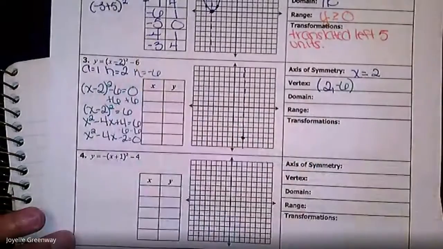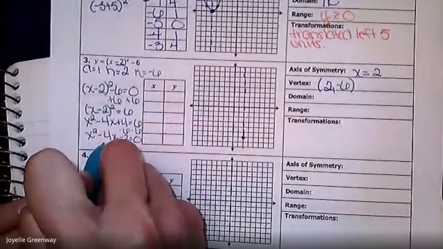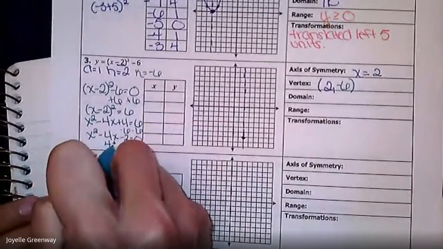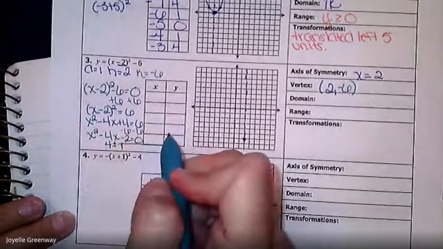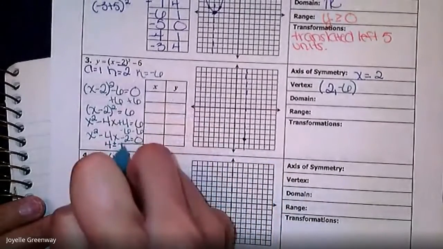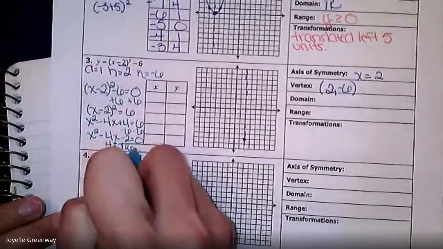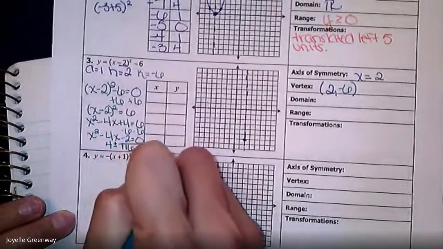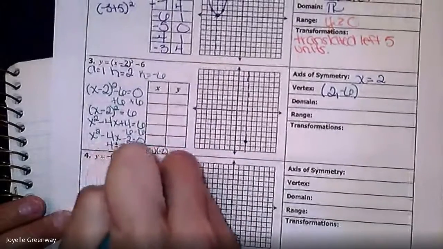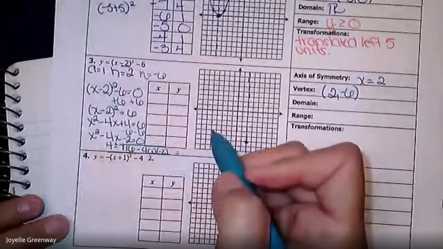Okay, so negative b plus or minus the square root of b squared minus 4 times 1 times -2 over 2.